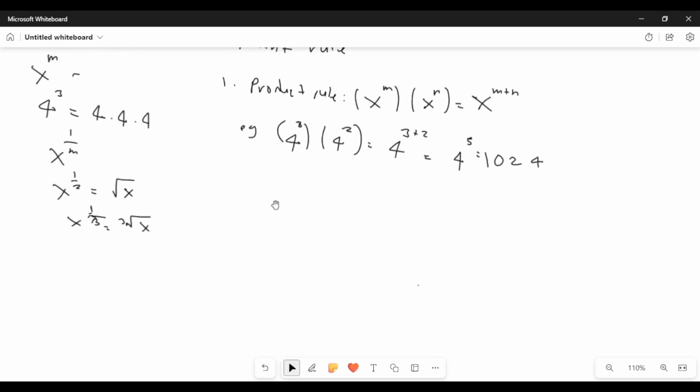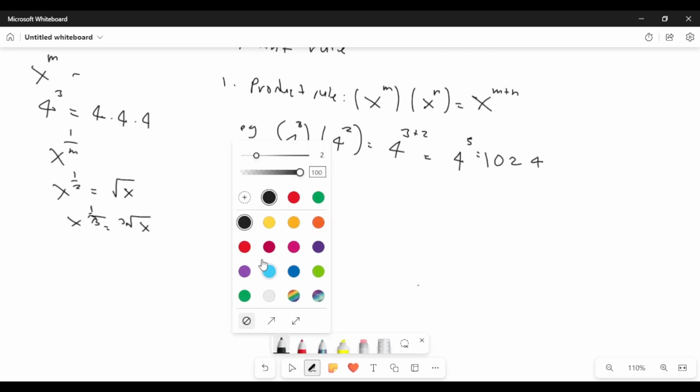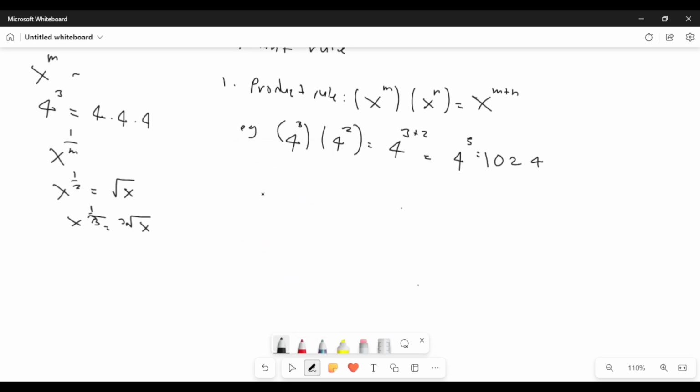Another rule is called the quotient rule. Here we'll have x to the power of m over x to the power of n. So when we divide x to the power of m over x to the power of n, what this means for the exponent is subtraction: m minus n.